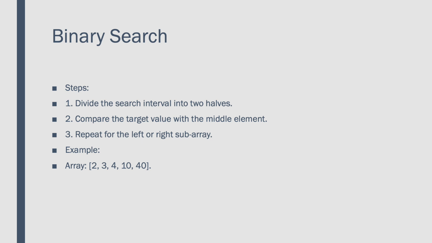Now since 10 is greater than 4, we search in the right half. We first find the middle element, which is 4, and see whether 10 is greater than 4. Since it is, we search the right half, totally skipping the left half. So we saved some time.